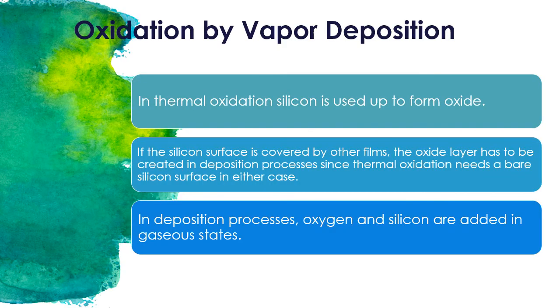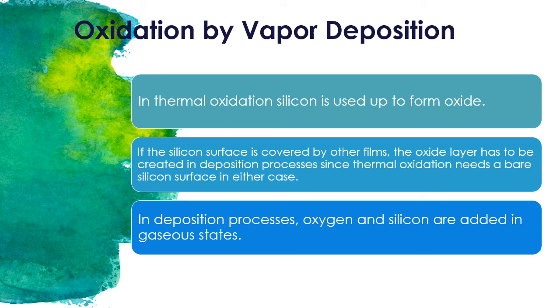The next process for oxidation is vapor deposition. Previously it was purely silicon material, but if the silicon surface is covered by another film, the oxide layer has to be created in a deposition process, since thermal oxidation needs a bare silicon surface to be oxidized.